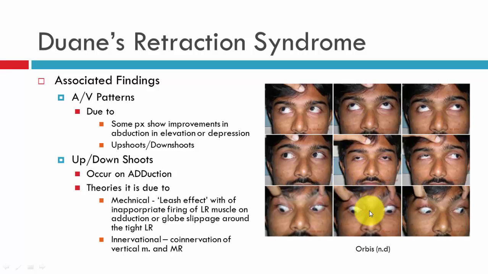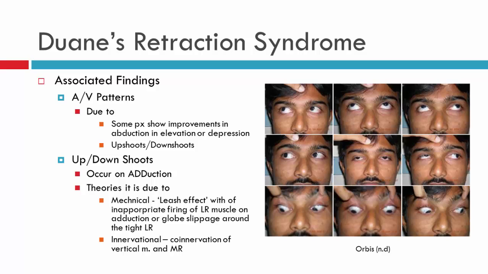In terms of AV patterns, they generally occur where there's upshoots or downshoots, or they can occur when there's limited abduction, which is not the instance here, but where there's limited abduction it can improve in down gaze for some patients, in which case you often see an A pattern. And for other patients, the abduction may improve in up gaze, in which case you see a V pattern.